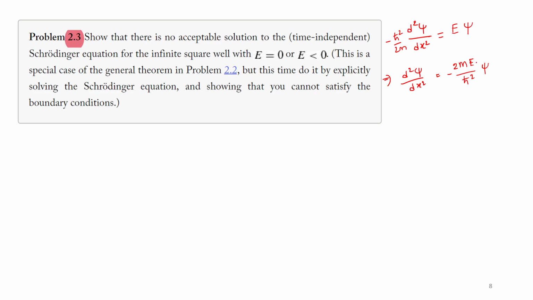If it is at rest, the uncertainty in position is 0, and that cannot be the case. So E cannot be 0.